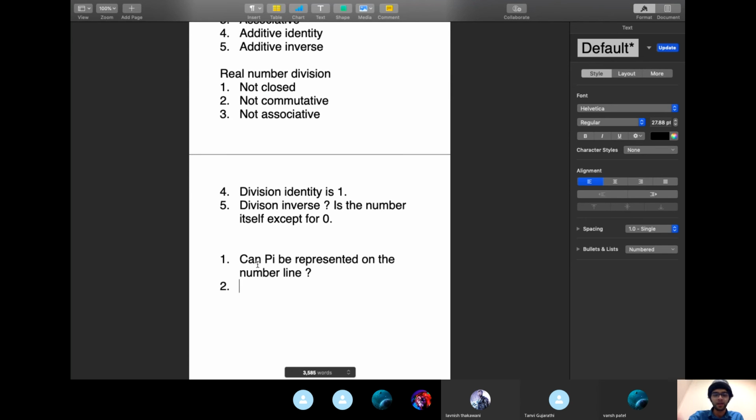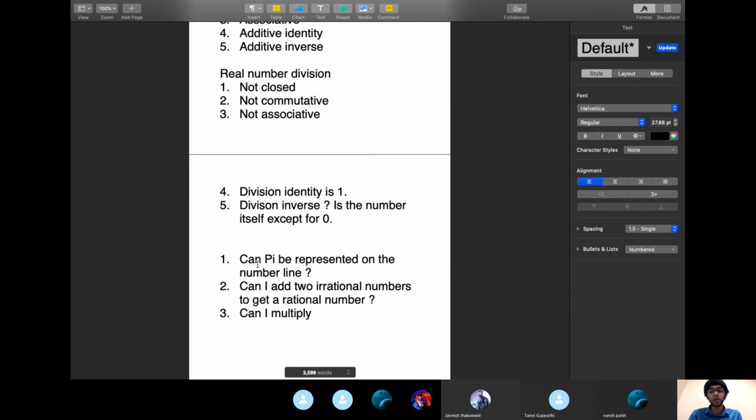Can pi be represented on a number line? Can I add 2 irrational numbers to get a rational number? Pay very close attention to the terminologies. Can I multiply? I want examples, okay? If it is possible, I want examples for all of these.